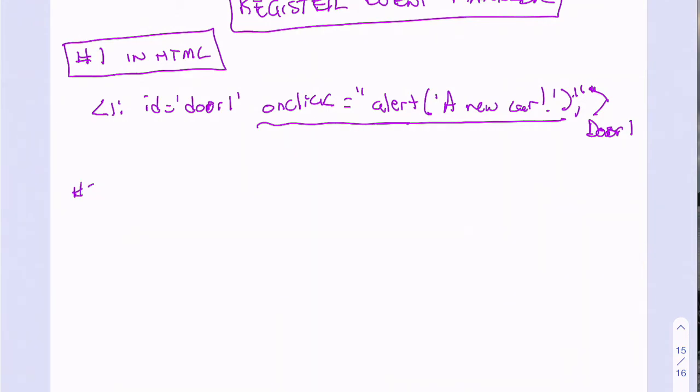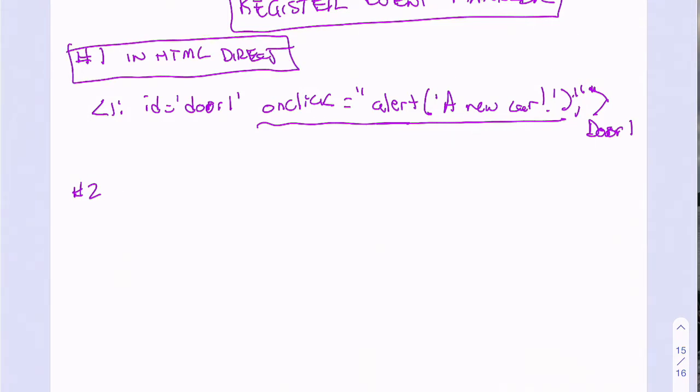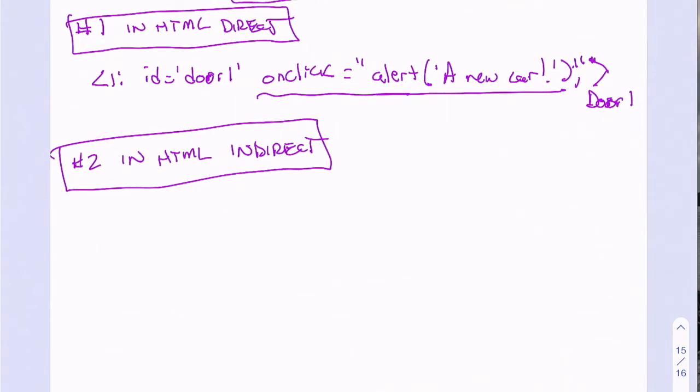Okay, here's option number 2. In HTML, indirect. So this is where we make a call to a JavaScript function, but we don't actually run the JavaScript code directly from the HTML.